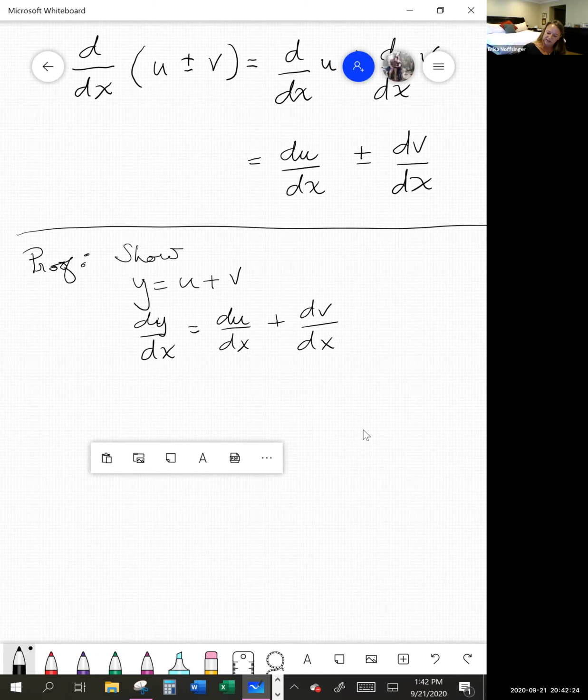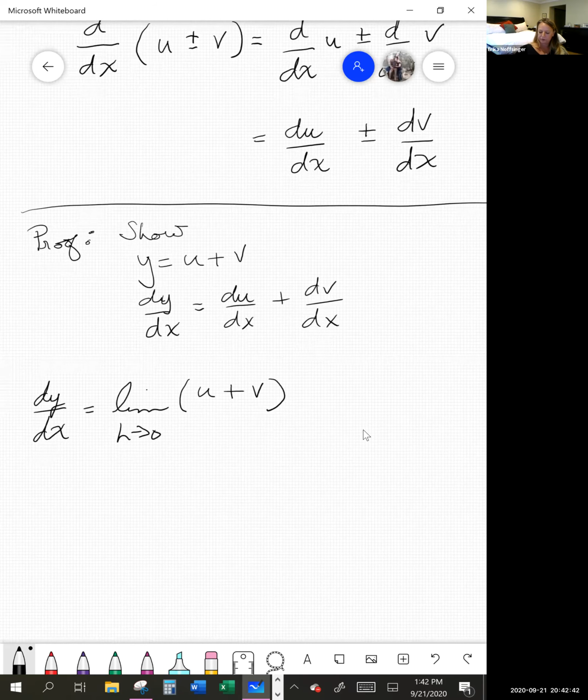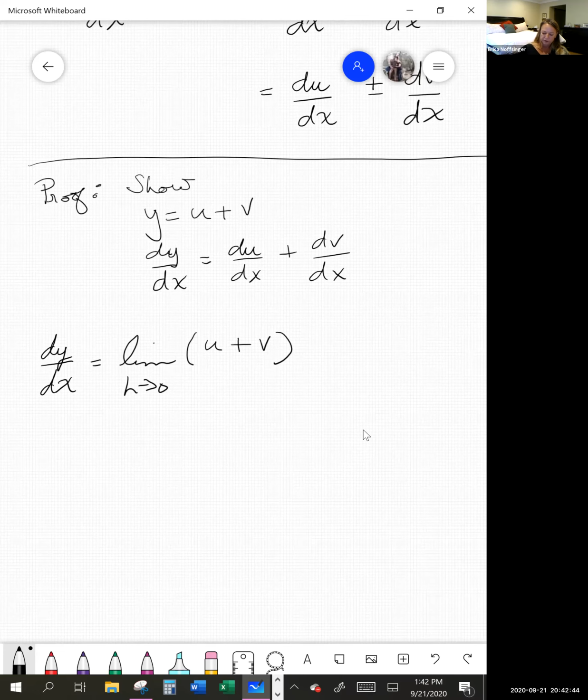Okay, so dy dx, by the formal definition, this is equal to the limit as h goes to 0 of u plus v. Well, remember, if we took the limit and it was a limit of a sum, we could rewrite this as the limit as h goes to 0 of u plus the limit as h goes to 0 of v.